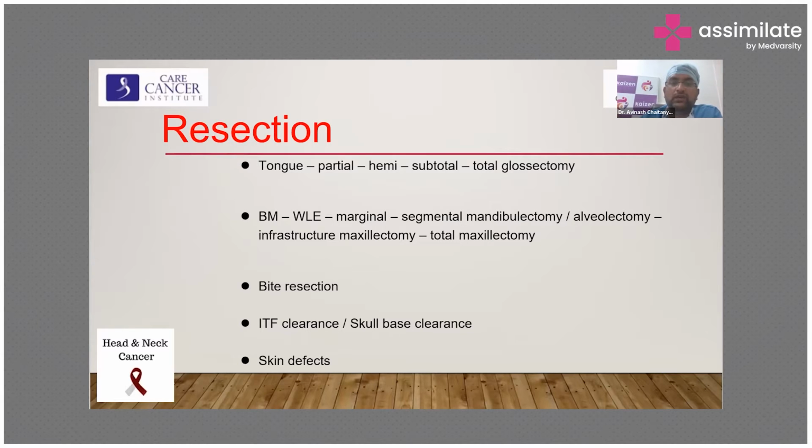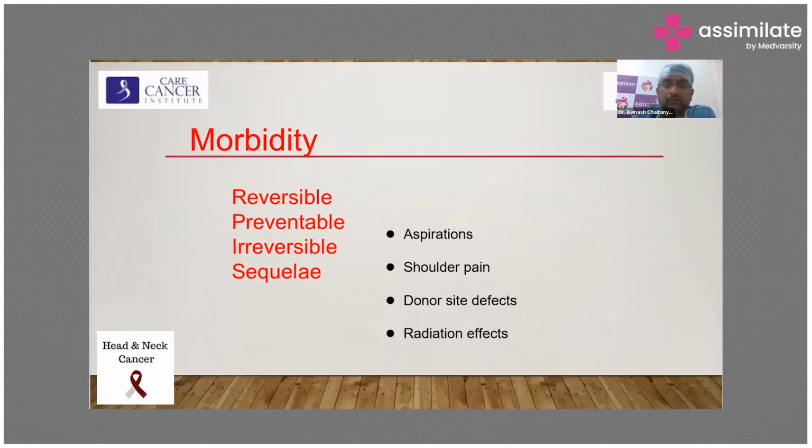For buccal mucosa, it has to be either just a wide local excision, a marginal mandibulectomy, segmental mandibulectomy, infrastructure maxillectomy, or total maxillectomy as per the defect, as per the lesion of the buccal mucosa. Bite resection, ITF clearance. These are the things that we have as terminology for different lesions of the buccal mucosa, and skin defects are also present.